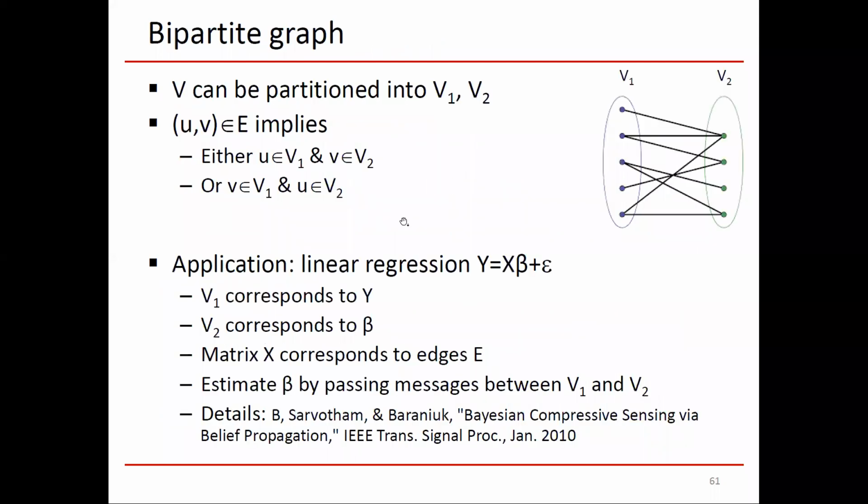Finally, the last topic that relates to graphs is a bipartite graph. This is a graph where the set of vertices can be partitioned into two sets of vertices, V1 and V2, and every edge in our set E will go from an element of V1 to an element of V2, meaning that if we have an edge UV, either U will be in V1 and V will be in V2, or vice versa, U will be in V2 and V will be in V1.